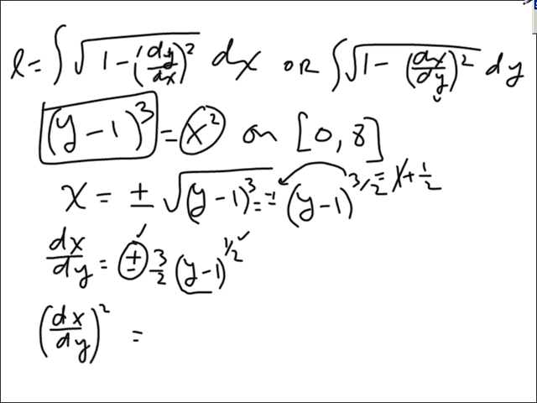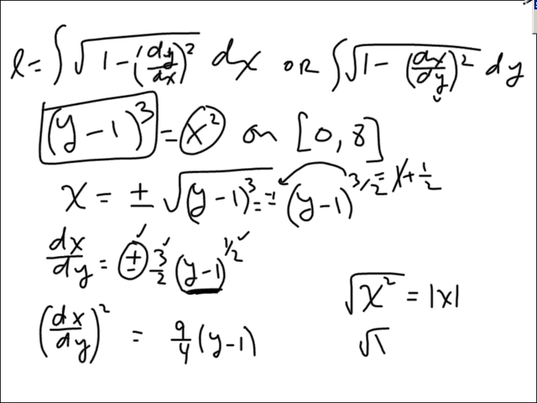So plus or minus, when you square it, is plus. 3 over 2 squared is 9/4. And this squared is going to be y minus 1. Now let me just talk about that. I said earlier, if you square x and then you take the square root, you'll get the absolute value of x back.